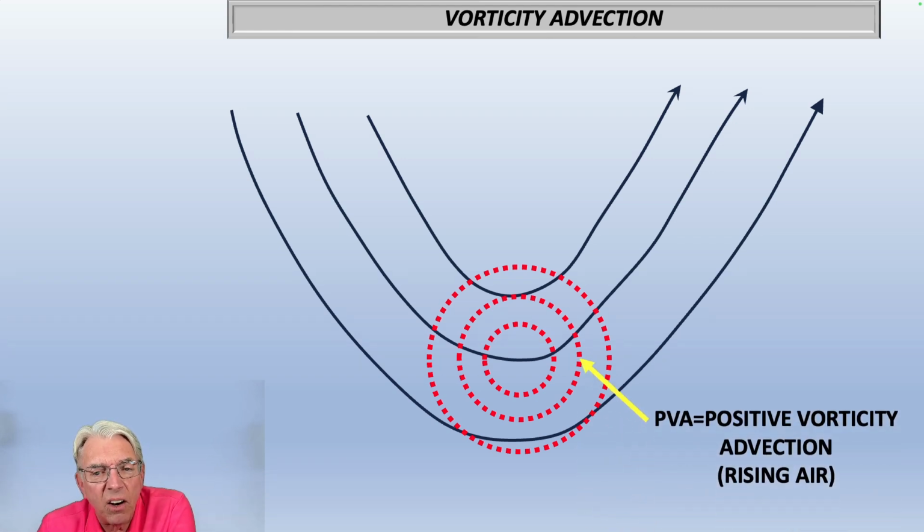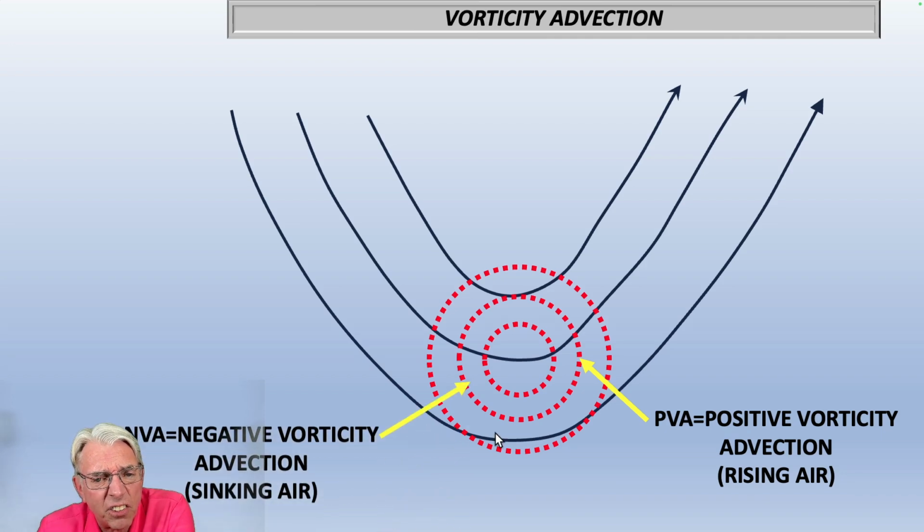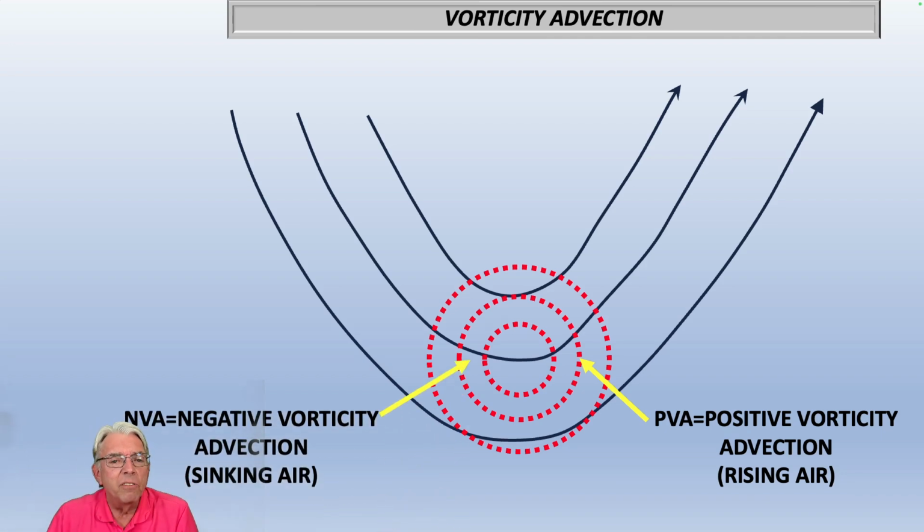So over here, the wind is advecting or moving higher levels of vorticity into this region here. We call that PVA, or positive vorticity advection, which usually contributes to rising air. And then on the other side, you have NVA, or negative vorticity advection, which generally contributes to sinking air. But again, the omega equation tells us that we can't just evaluate that at any one level.